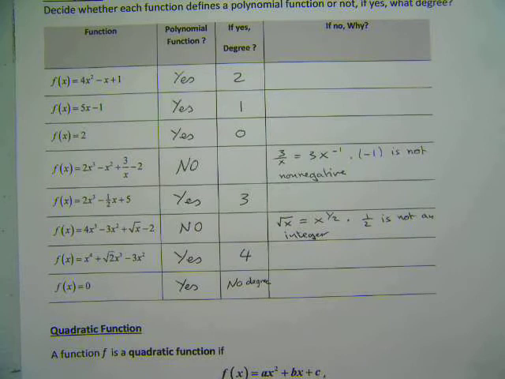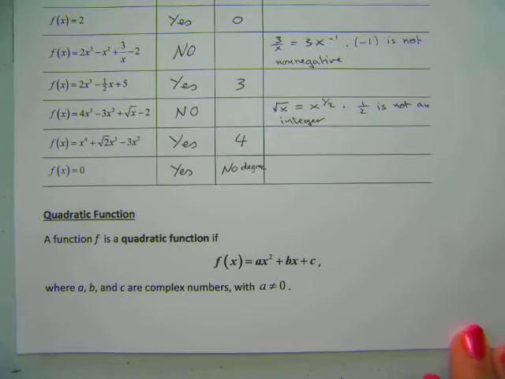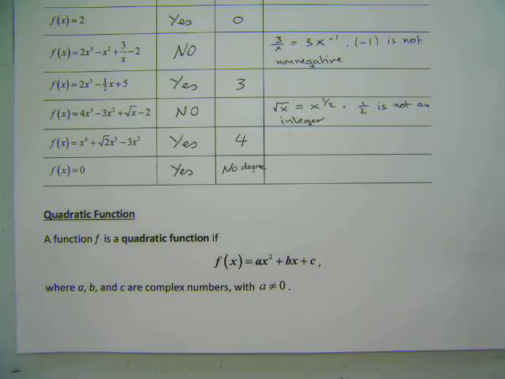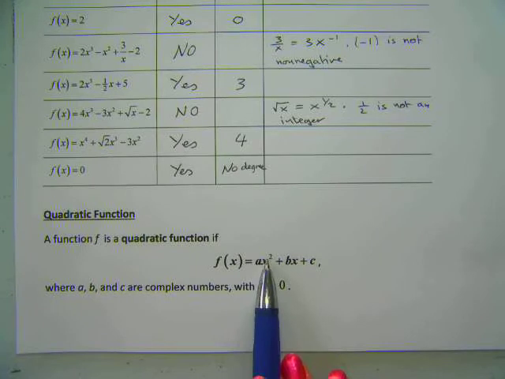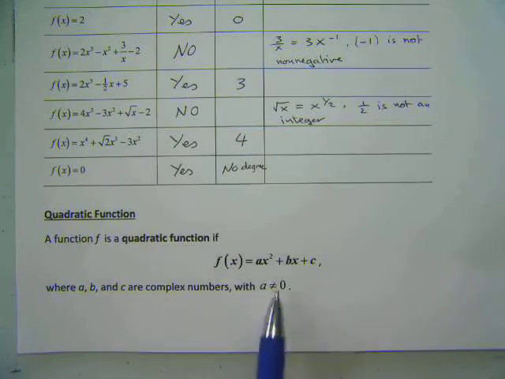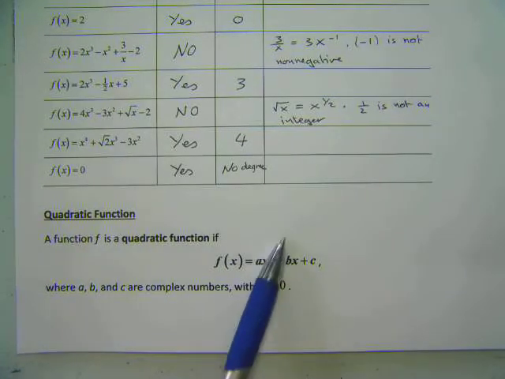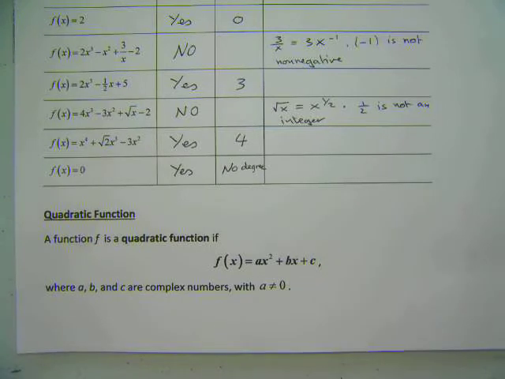So this is what we're going to be studying for 4 sections, polynomial functions. Now today we're concentrating on the quadratic. The quadratic function is a polynomial function of degree 2, because it can be defined as ax squared plus bx plus c, where a, b, and c are complex numbers, but a cannot be 0, otherwise it won't be quadratic, it will be linear.